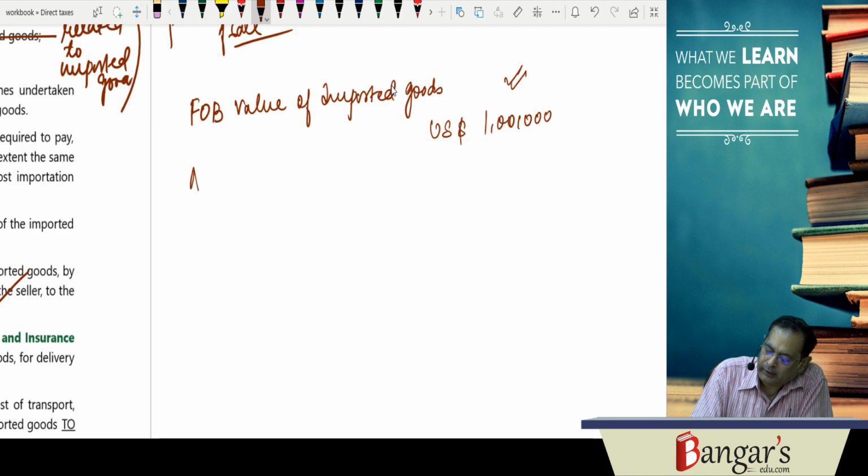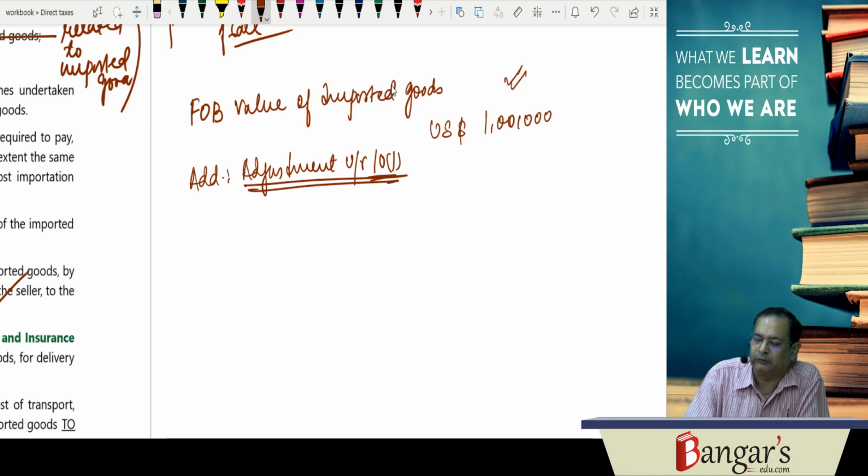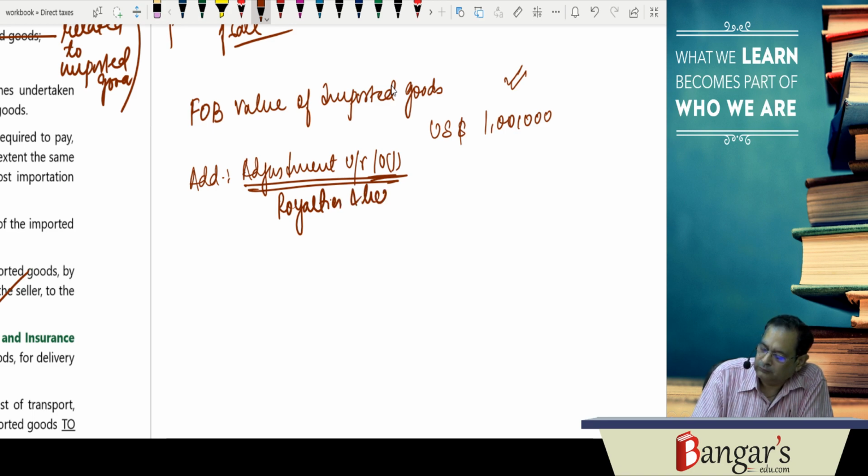Add adjustments under rule 10(1), which we have discussed: 10(1)(a), 10(1)(b), 10(1)(c), 10(1)(d) and 10(1)(e). So for example, if royalties and license fees are there, say US dollar 5,000, we have added.